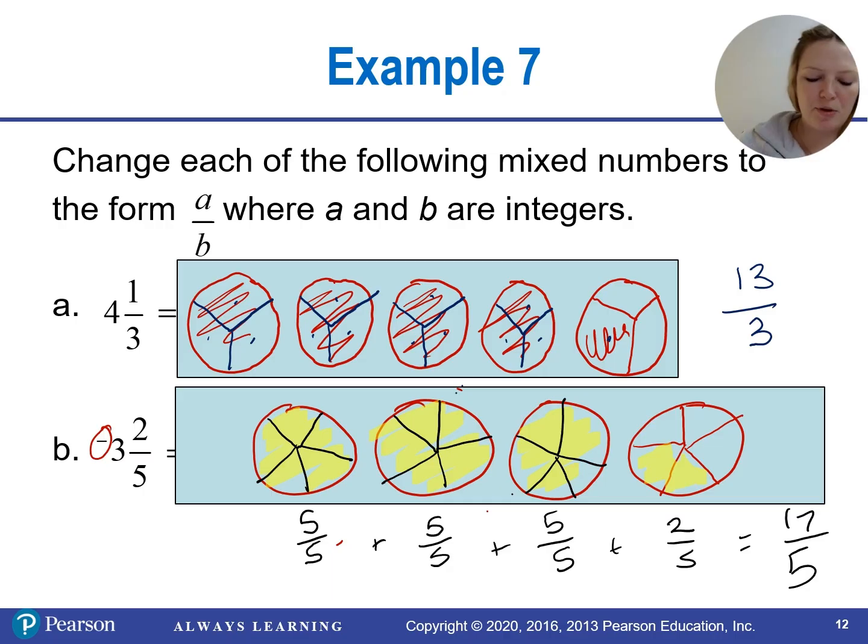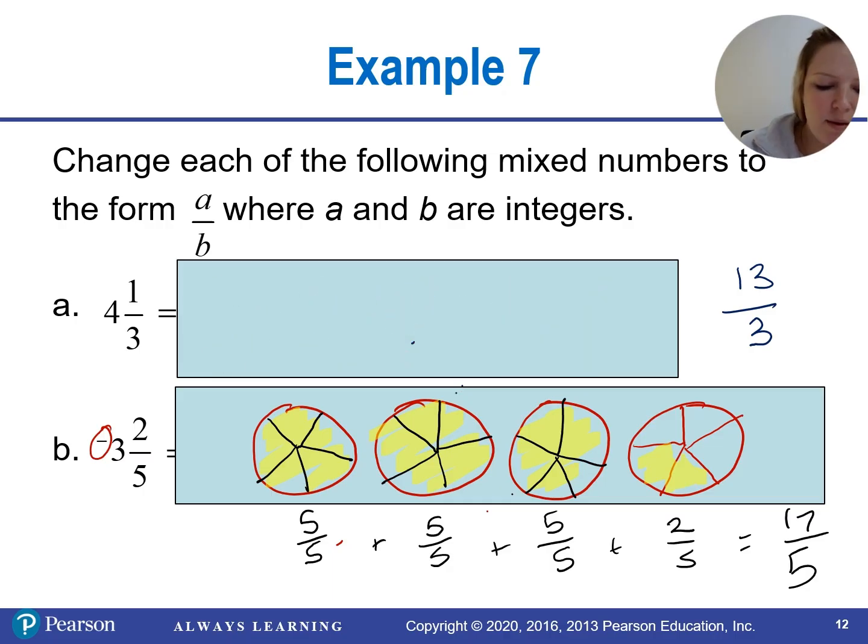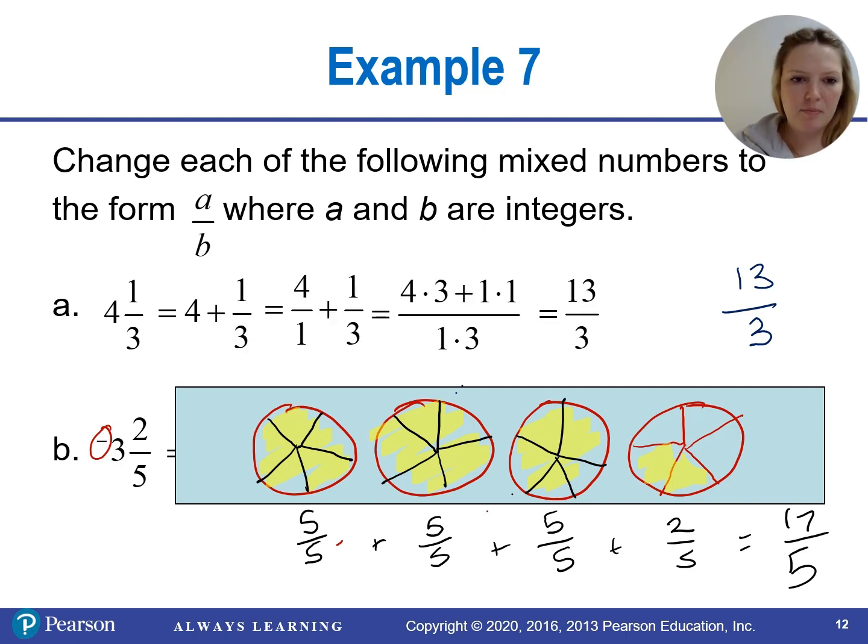You might be remembering there is also an algorithm for converting mixed numbers to fractions, but it's easily forgotten. So I wanted to walk you through how you can do it using a figure as well. But essentially, people think of multiplying 3 times 4 and adding it to 1. So 3 times 4 is 12, plus 1 is 13 over 3.